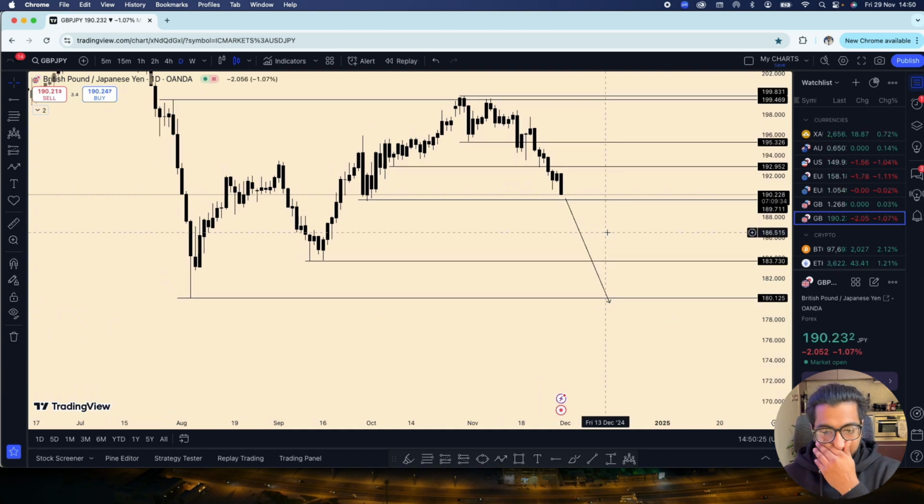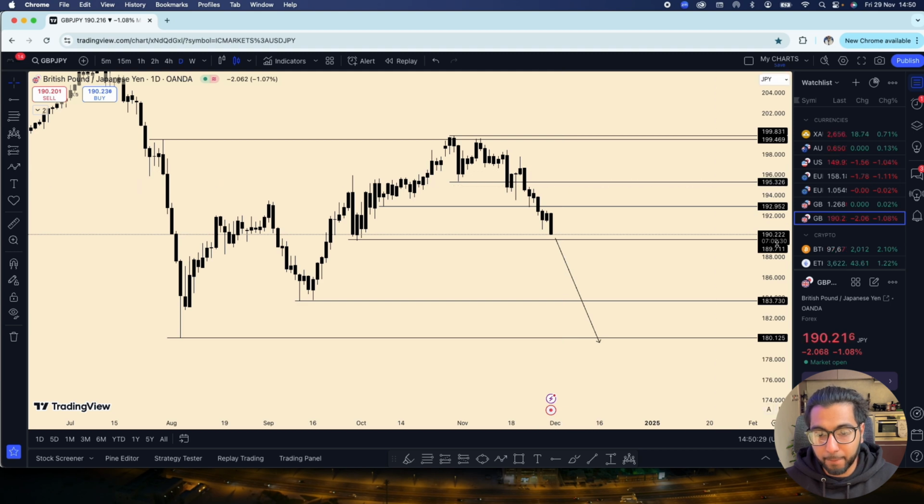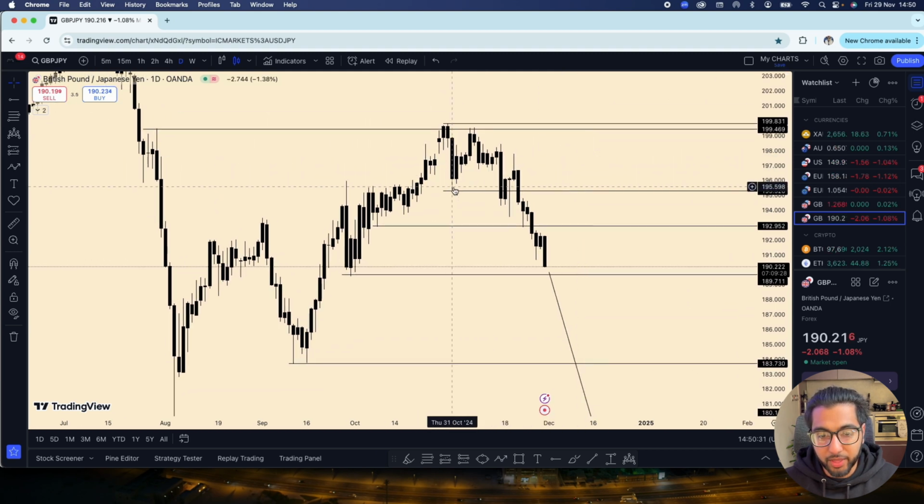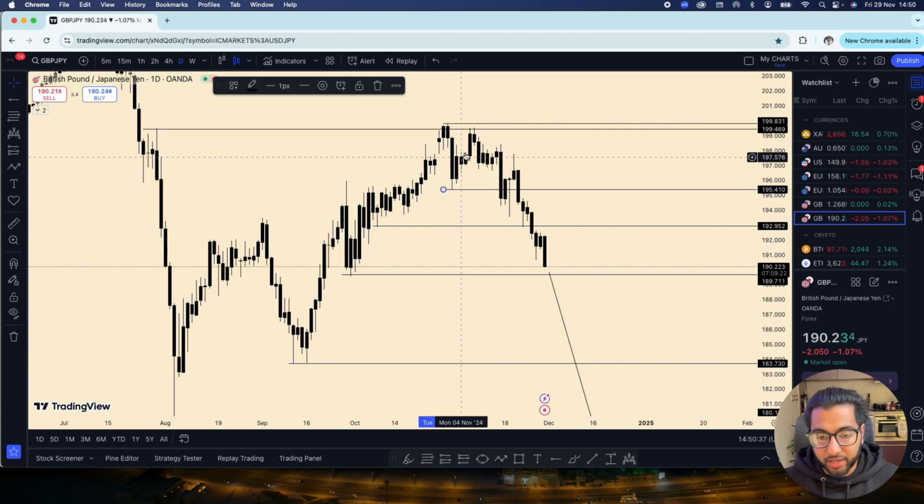Okay. And so you can actually see even the way price reacts to these liquidity lows, right? We had price go up, create a high, price then comes down, keeps going down. Okay, cool. Look what happens.